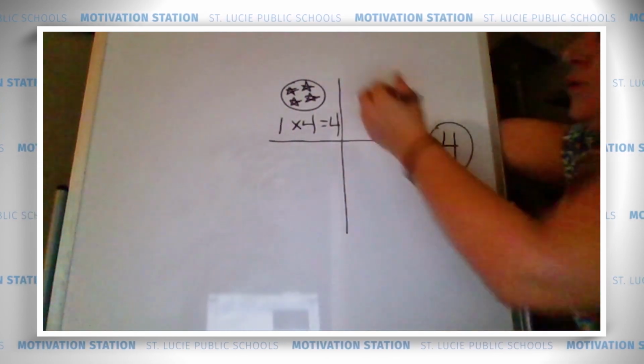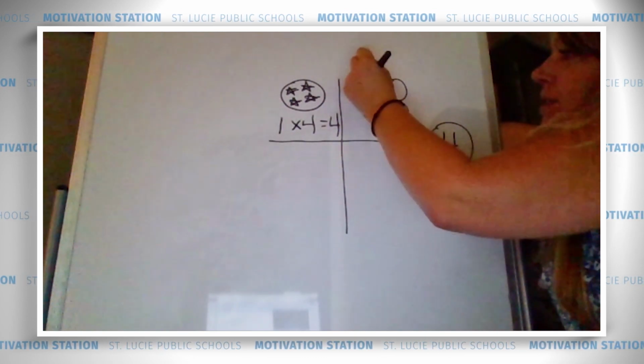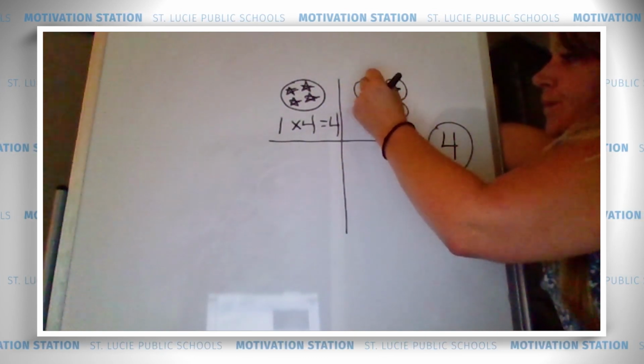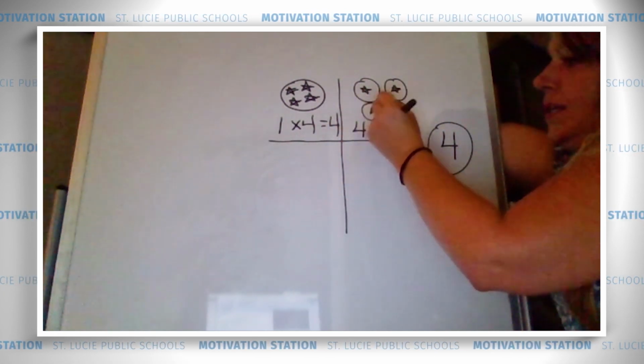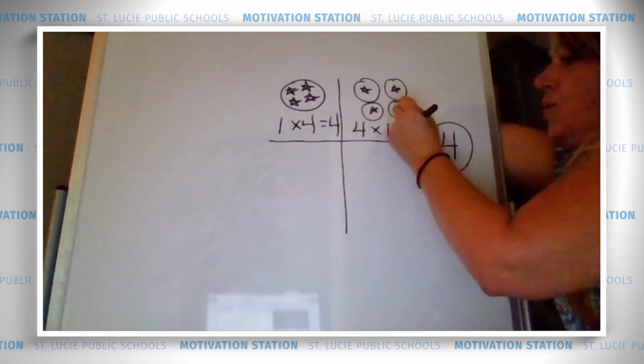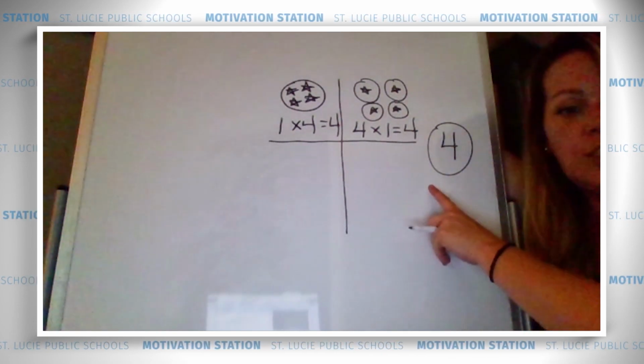I could also do 4 groups with 1 star in each group. And that would be 4 groups of 1 star, or 4 times 1 equals 4. Still getting that total of 4 stars.